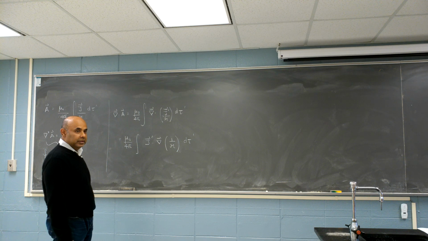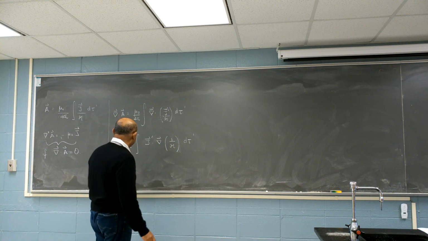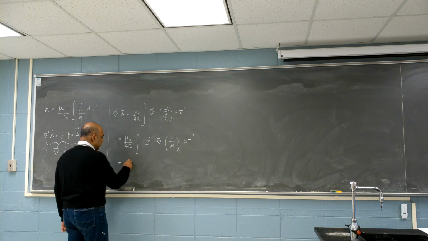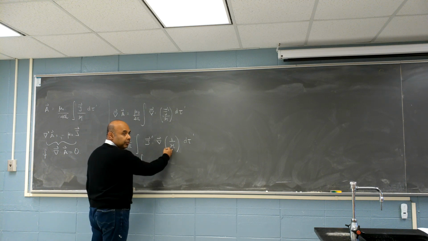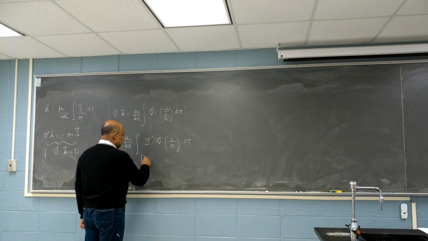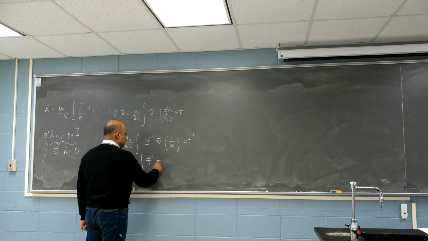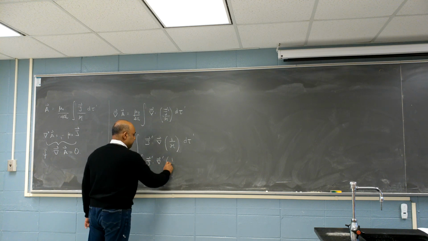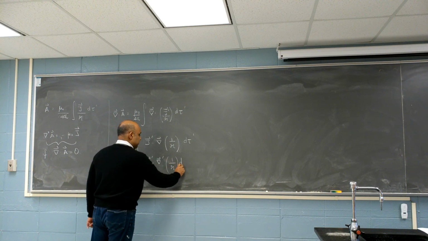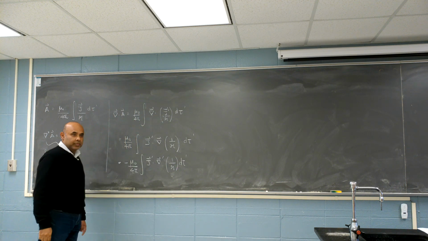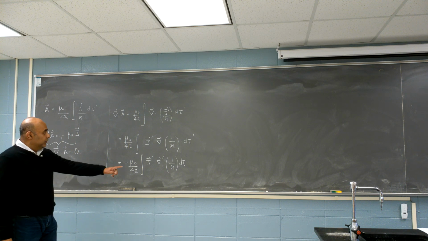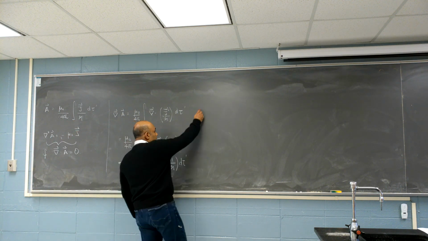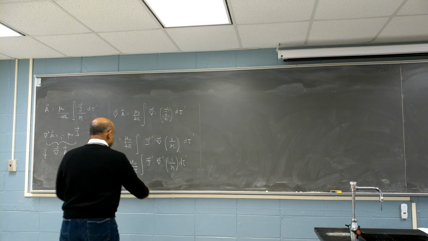Yeah? And then we've made this argument before that this can be written as minus, just how symmetric this is in terms of primed and unprimed variables, J prime dot gradient prime. Now what am I using here?